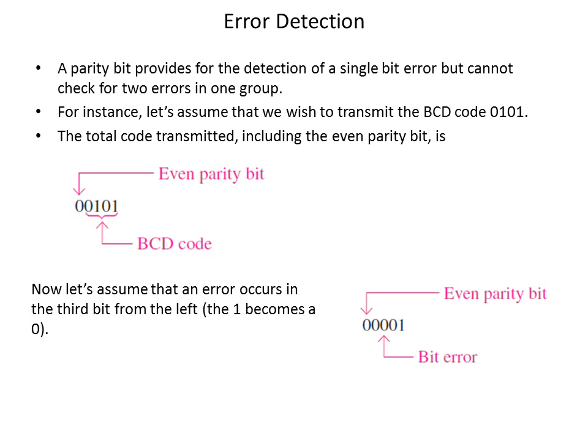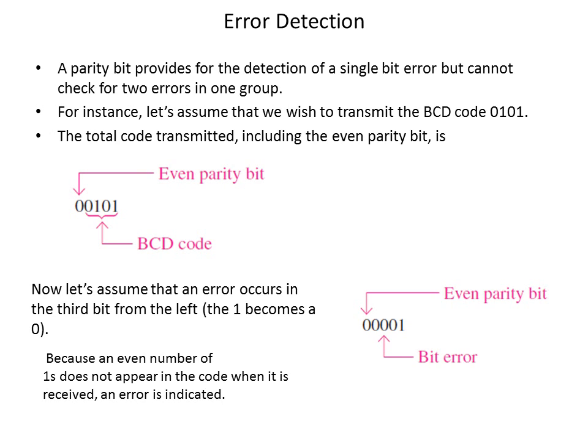Let us assume that an error occurs in the third bit. For example, here 1 is inverted to 0, that means the bit is in error. The 1 becomes a 0.